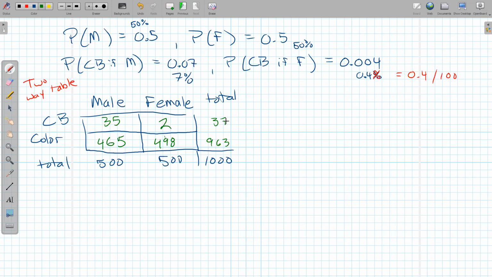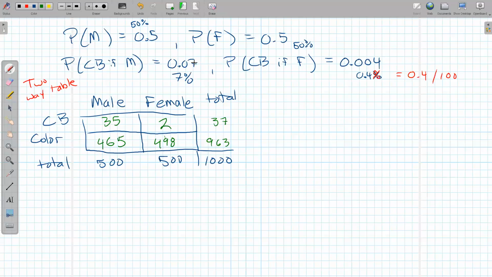So 7, 3, carry the 1, 9, carry the 1, yep, that all adds up. So sometimes instead of puzzling through multiplying, adding, and subtracting percentages, we can often look at the table and figure stuff out.